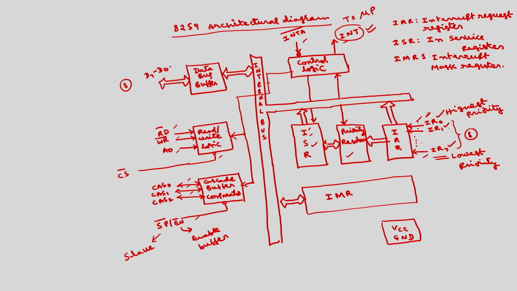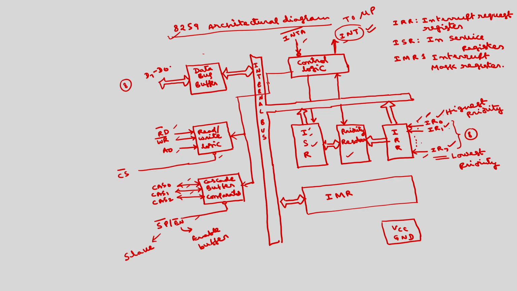Then after assigning this highest priority, this complete 8259 will request the microprocessor through the INT signal for the use of that interrupt of 8086. Once the microprocessor is ready to accept this interrupt, it will acknowledge through INTA bar.